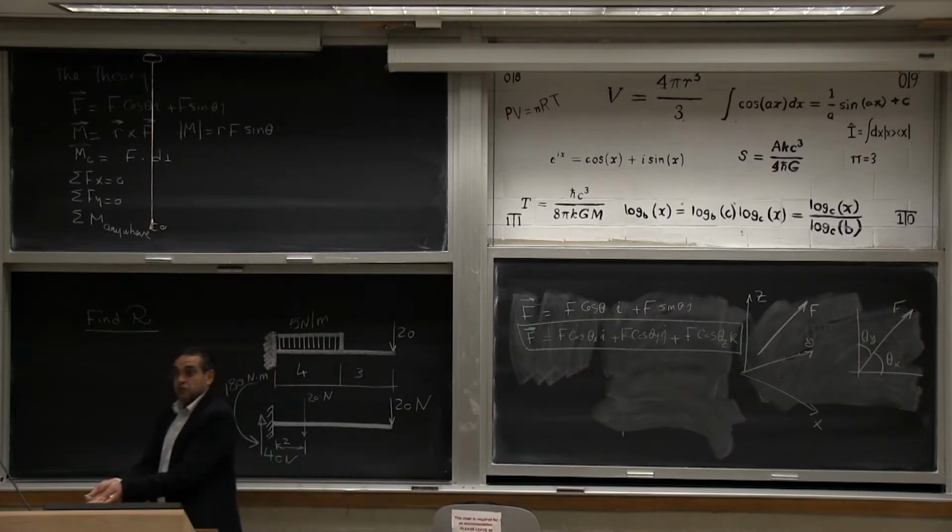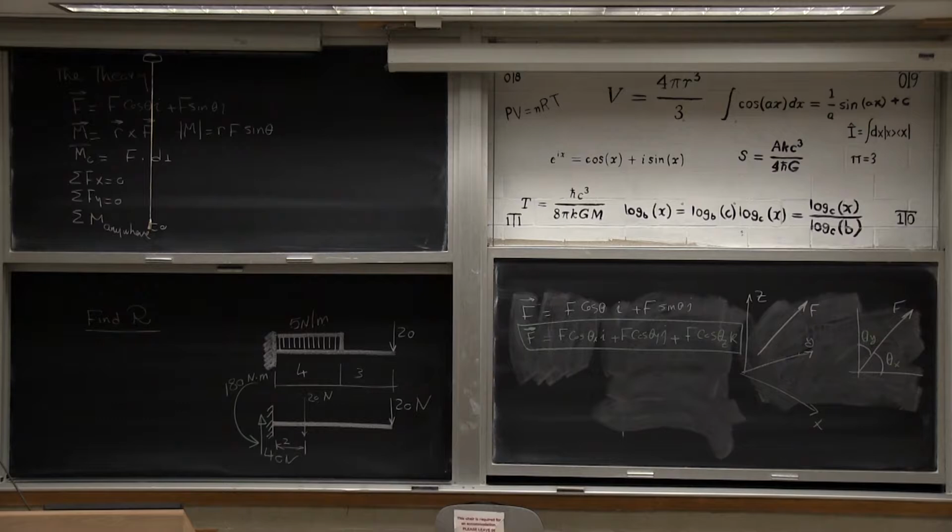So if I give you the value of the force and the three angles that this force is making with the three axes, just like that. Okay? Does this make sense?